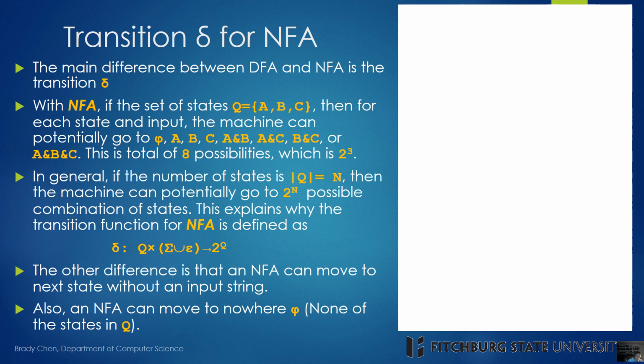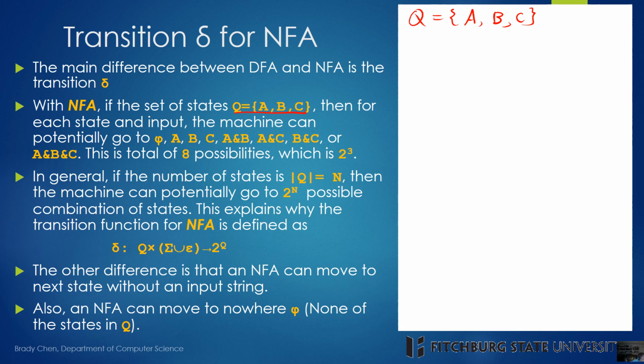So let's say, suppose we have a set of states Q, which contains 3 states, A, B, and C. Then we know that for each state and the input, the machine can potentially go to any state, or go to nowhere, or go to the combination of these states.